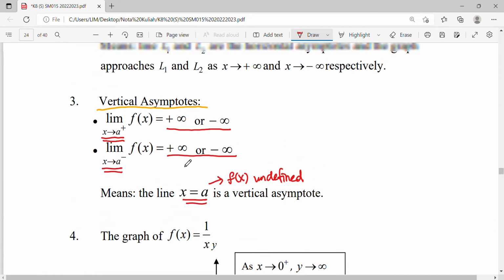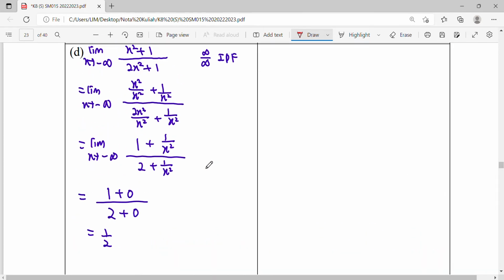Alright. So like just now, for this example, for this function, what's your asymptote? When you're doing limit negative infinity of a function, you get your answer, right? So y equals to 1 over 2 is your horizontal asymptote.